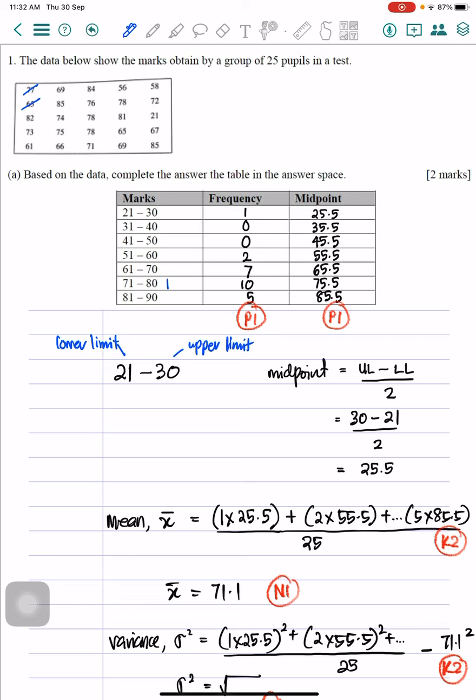And then 65, 82. When you finish inserting a value in the class interval, make sure you cross the data, so it helps you clearly pick up which one is finished already and which one is not yet. Okay, so 73.